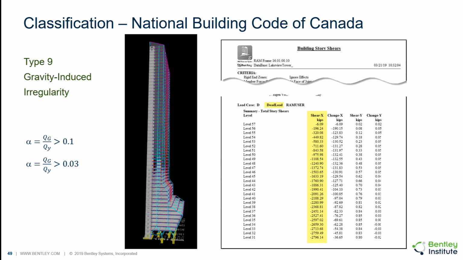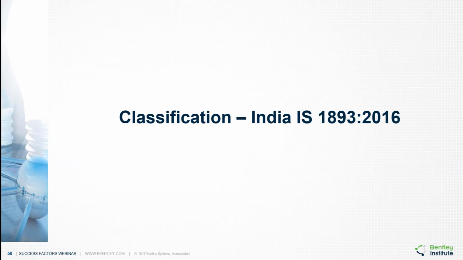Roughly explained, and for the more usual framing configurations, if the horizontal shear induced by the gravity loads exceeds 3% of the shear resistance of the frames, the structure is irregular. Gravity loads don't normally produce significant lateral shears, but if they do, they need to be compared with the capacity at each story. Let's now turn to India IS 1893.